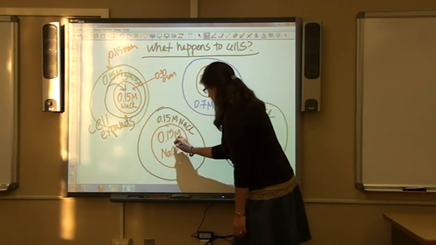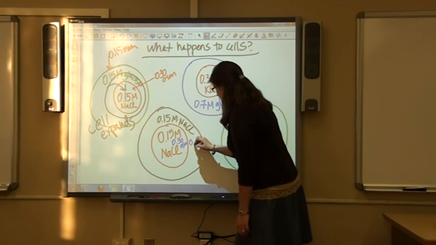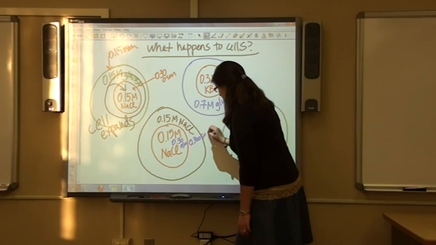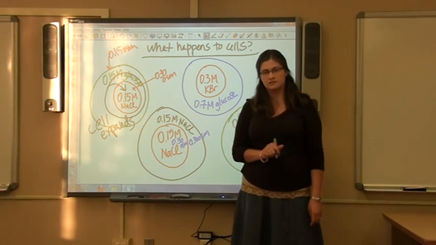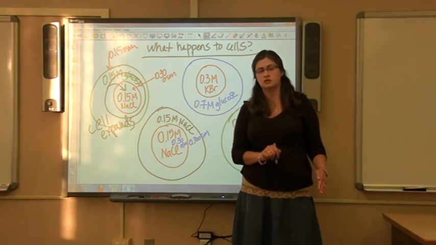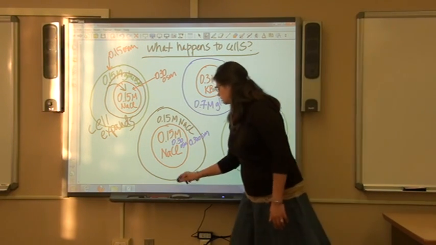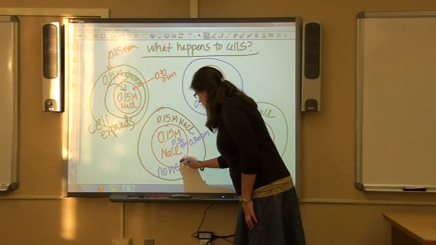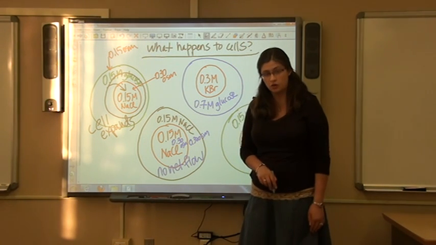Okay, your OSM here is 0.30. Your OSM here is 0.30. Which way is your water going to flow? If your osmolarities are exactly equal, that means you have an isotonic solution. There will be no net flow of water. This is how I want you to write it. No net flow.